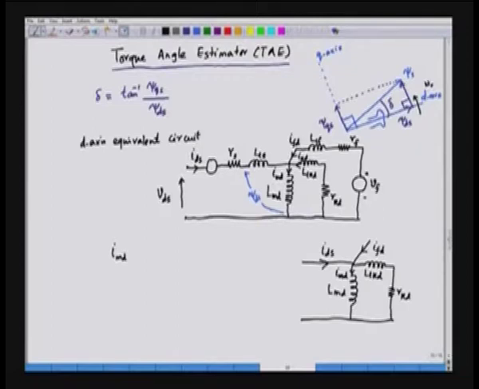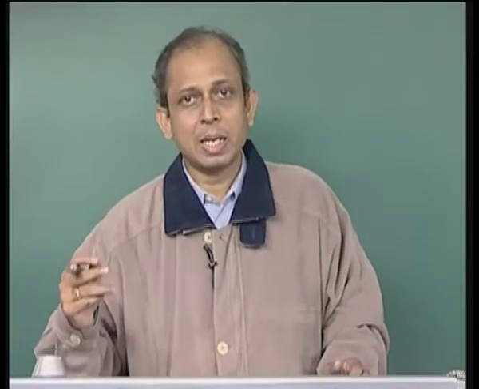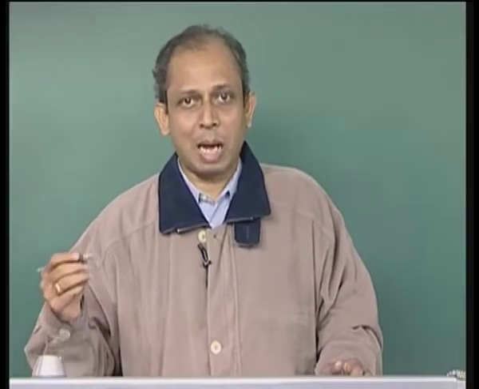So, we can apply basically a current divider circuit. We have the two currents here, IDS and IFD, the stator current and the field current. They are basically divided partly in the magnetization branch and partly in the damper branch.